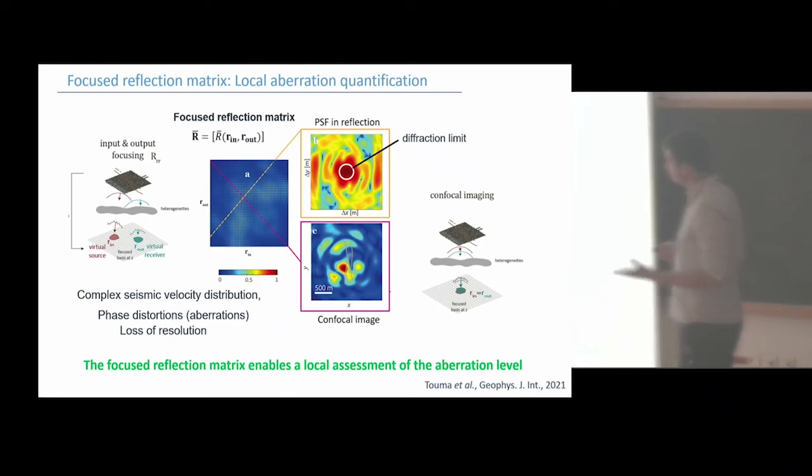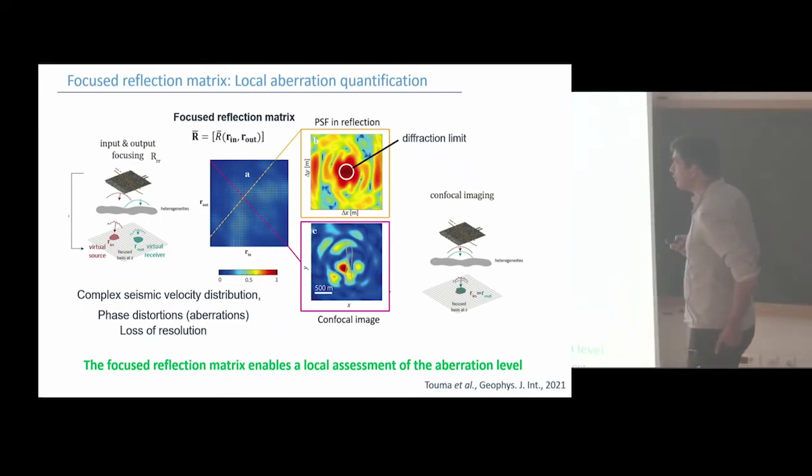It's actually the convolution between the input PSF and the output PSF. If you had no aberrations, all the energy would be contained in this white circle, which is the diffraction limited resolution. Here you see plenty of energy everywhere, so you have some energy around it, which means that you still have a memory effect of your ballistic wave, approximately, but on top of that you have aberrations and maybe some multiple scattering.